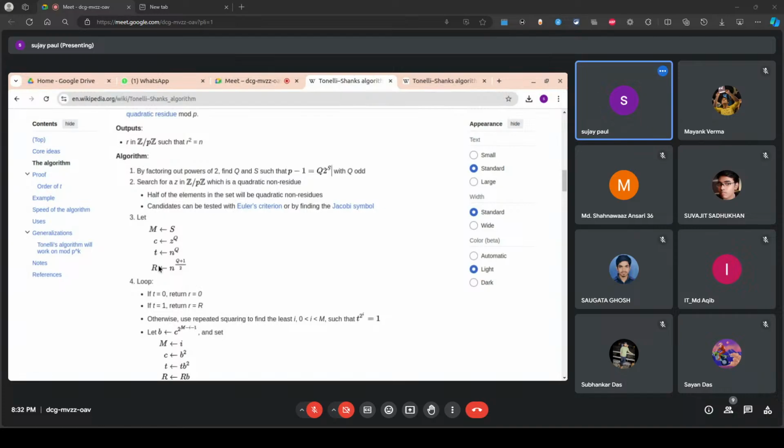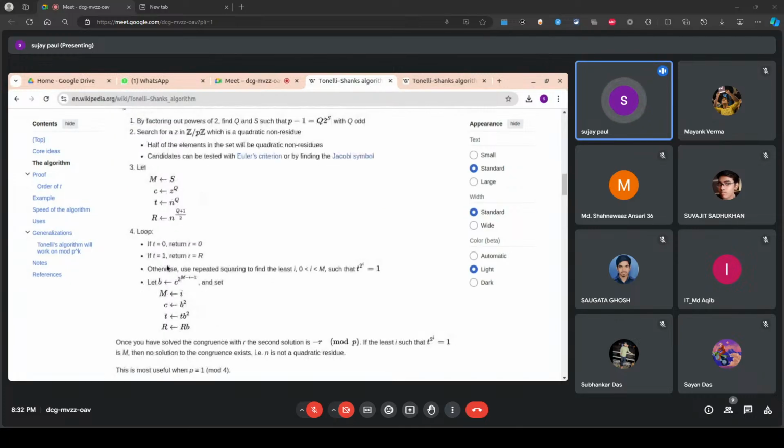Now I have to run a loop. What will be the condition? If t equals 0, return r equals 0. If t equals 1, return r, capital R. Okay, r means result.